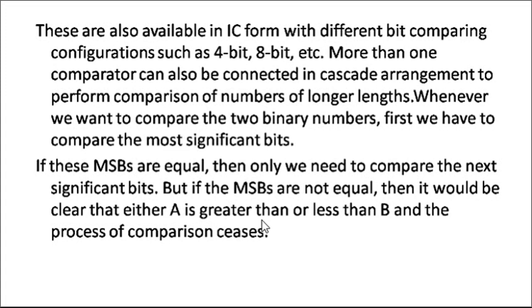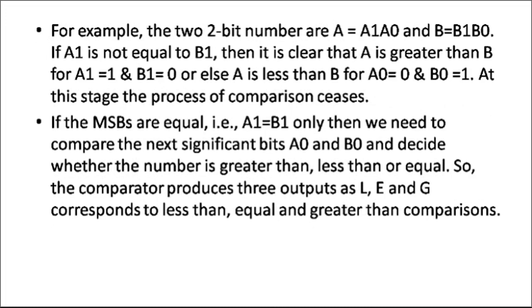In that case, you have to compare the MSB of both, and if the MSBs are not equal, it will be clear that A is greater than or less than B. If the MSBs are equal, then we can go to the next bit. Like this, we can move up to the LSB. It is nothing but a comparison. It is nothing but a comparator.